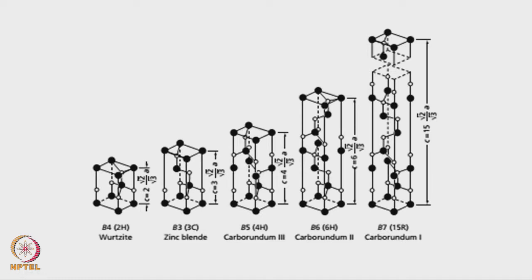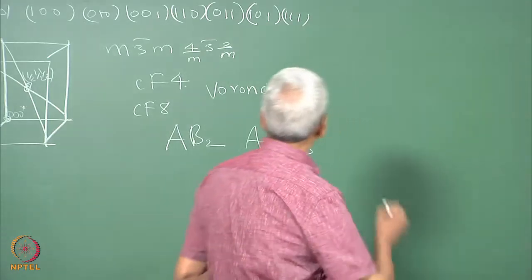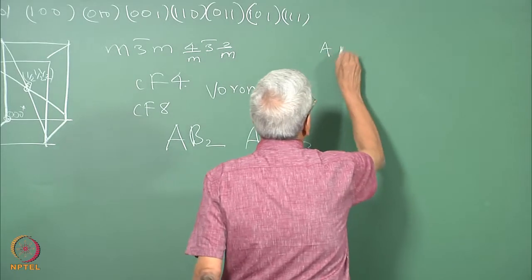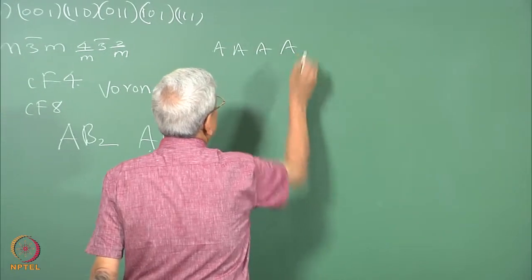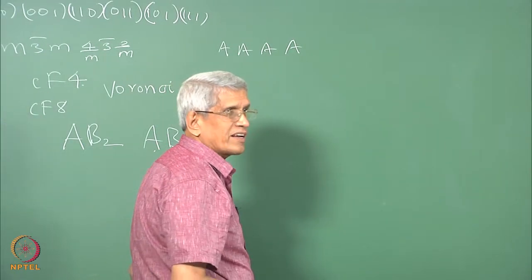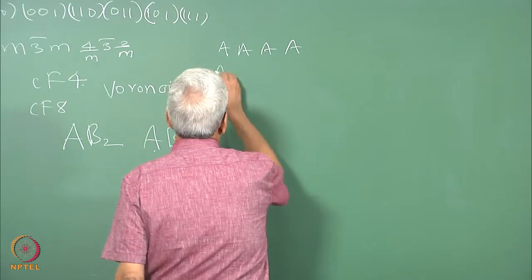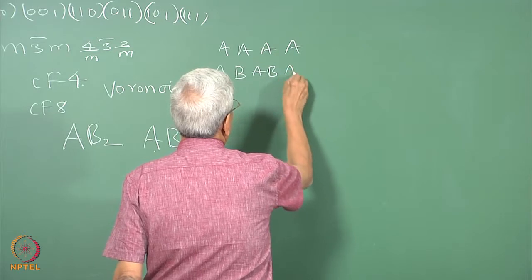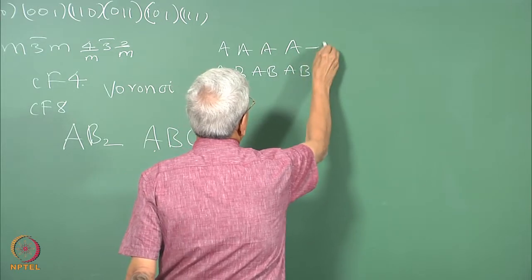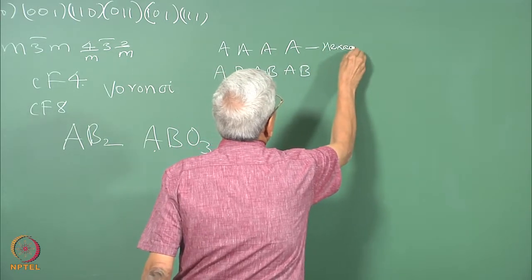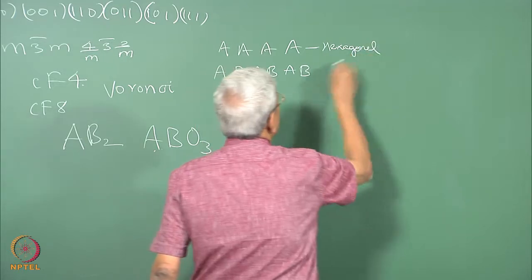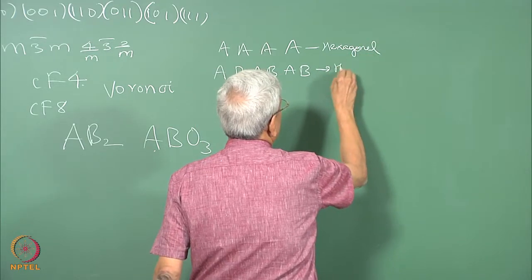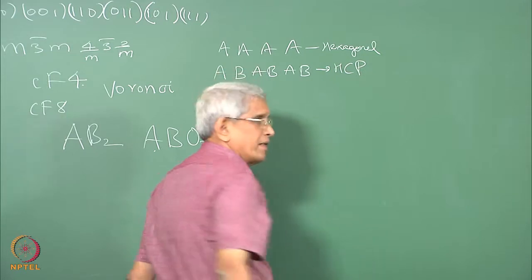hexagonal lattice, what we considered is essentially AA, which is one type of hexagonal lattice, right? Another is, this is hexagonal, this is hexagonal closed packed.